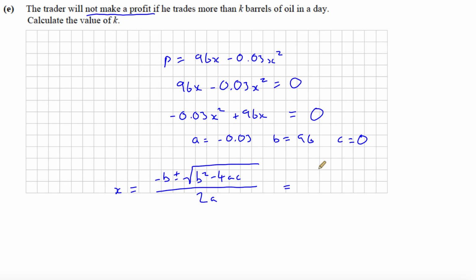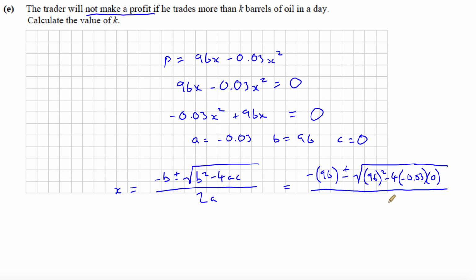So when we put these values in, we get minus 96 plus or minus the square root of 96 squared minus 4 times a, which is minus 0.03, times c, which is 0. Square root signs over all of that. And that's all over twice a, so all over 2 by minus 0.03.